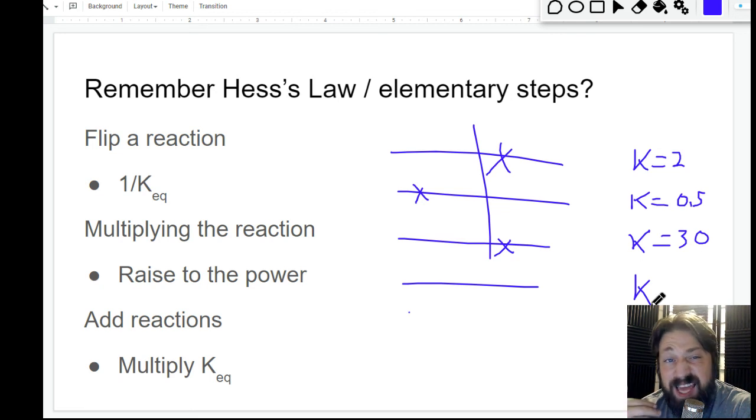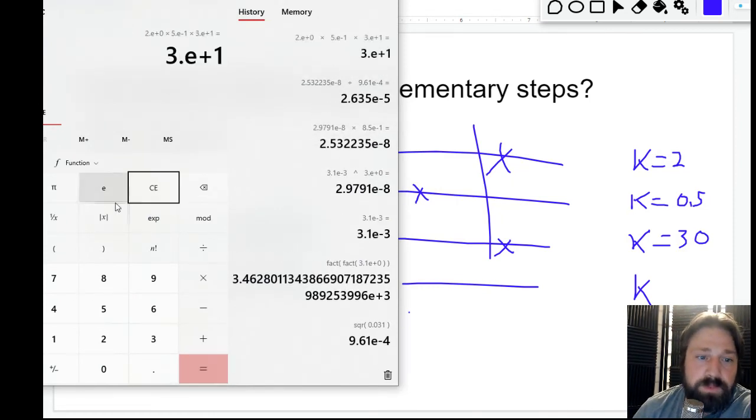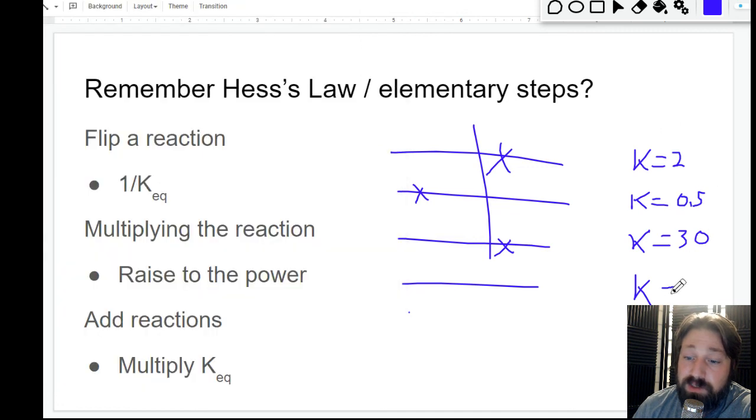Instead of adding up things like the delta H's, we're going to multiply all of these together. So, 2 times 0.5 times 30. Well, 2 times 0.5 is going to be 1. So our new K is going to be 30.